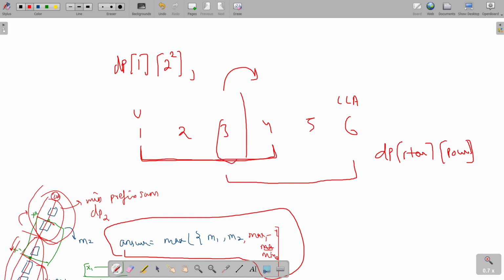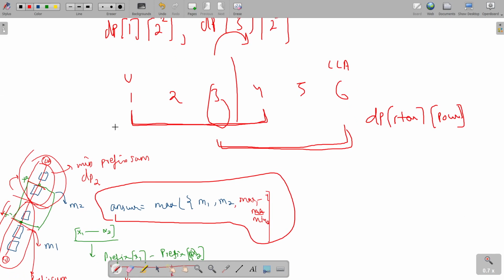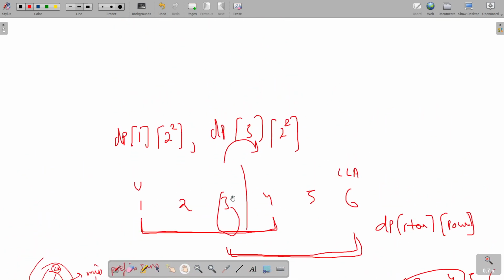And from 3, dp of 3 and 2 to the power 2, basically 4 elements. We are fine with overlaps because that won't change our answer, but we don't want to take a smaller power of 2, like 2 to the power 1. Why? Because if we take 2 to the power 1 with 1, 2, 3, 4, 5, 6, then we'll only be able to divide it into two ranges, and this middle portion will be empty. So we want to pick a larger power of 2.